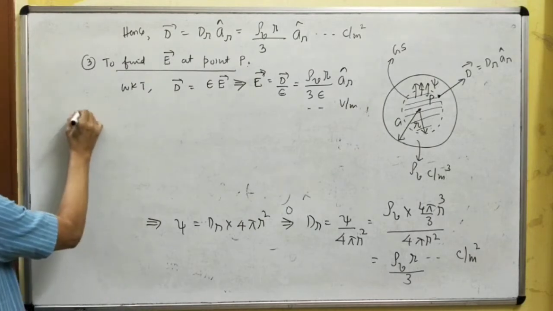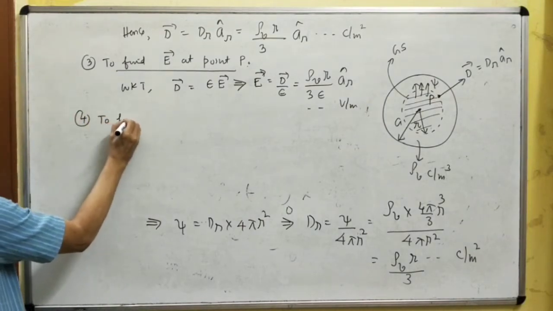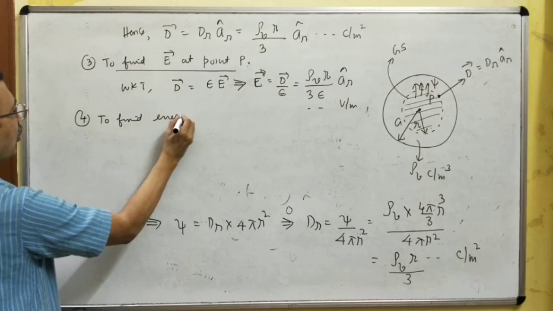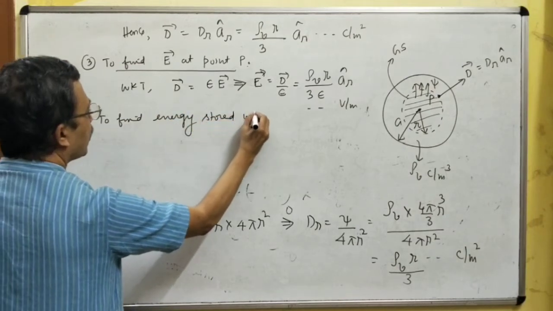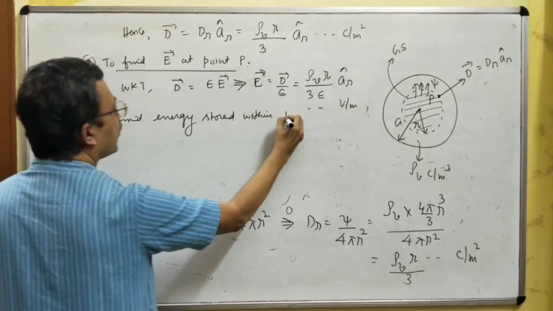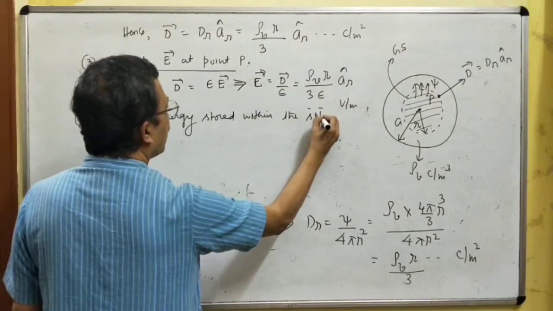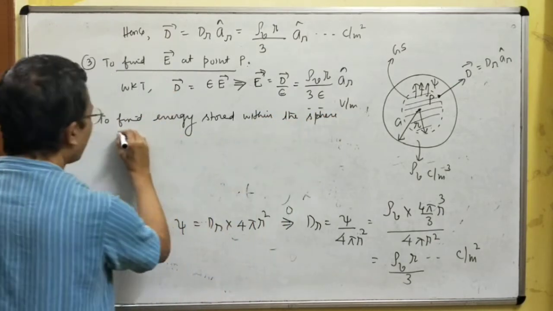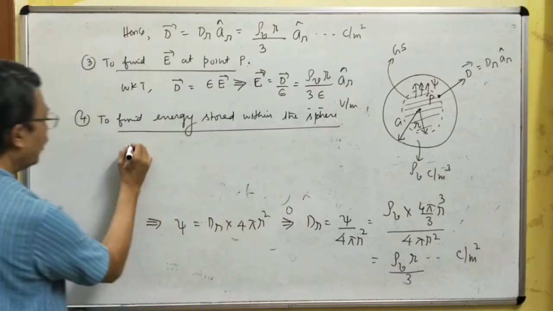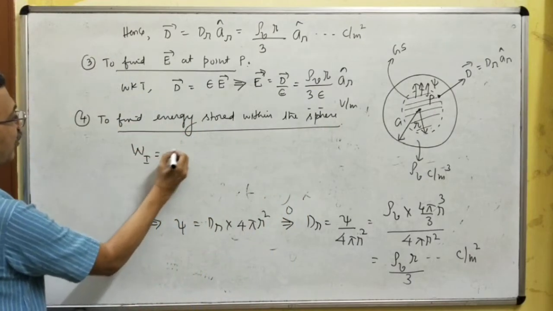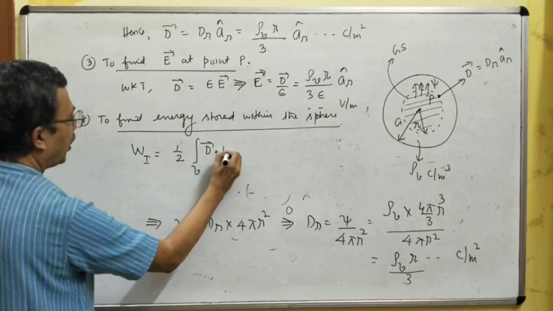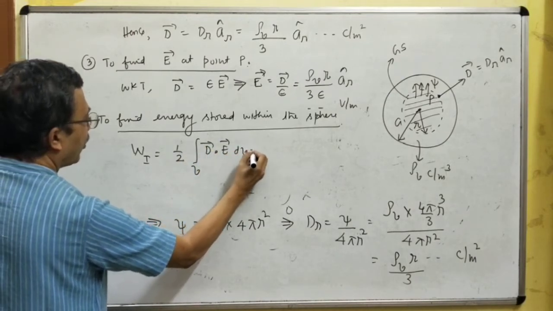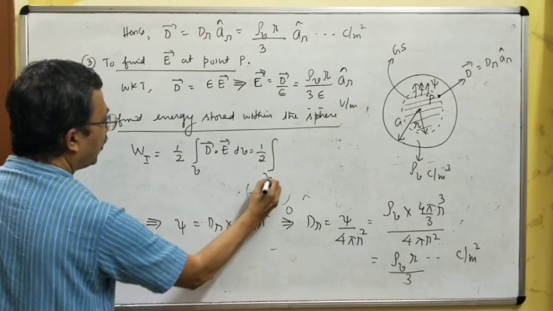Fourth step, to find energy stored within the sphere. Within the sphere means inside the sphere. Wi, I means inside, is equal to half into the volume integral of vector D dot E dv, which is half into the volume integral.